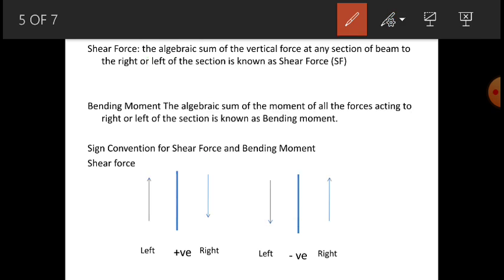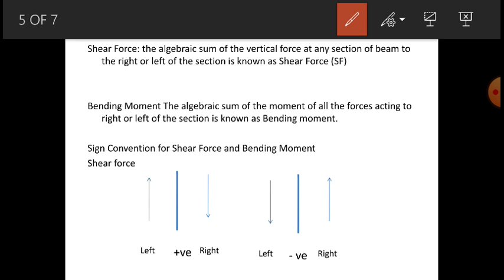So now, how to calculate this bending moment? We'll try to understand by definition. The algebraic sum of the moments of all the forces acting on the left or the right of the section of the beam is called bending moment. Here we are going to do the algebraic sum of the moments. How will we calculate the moments?